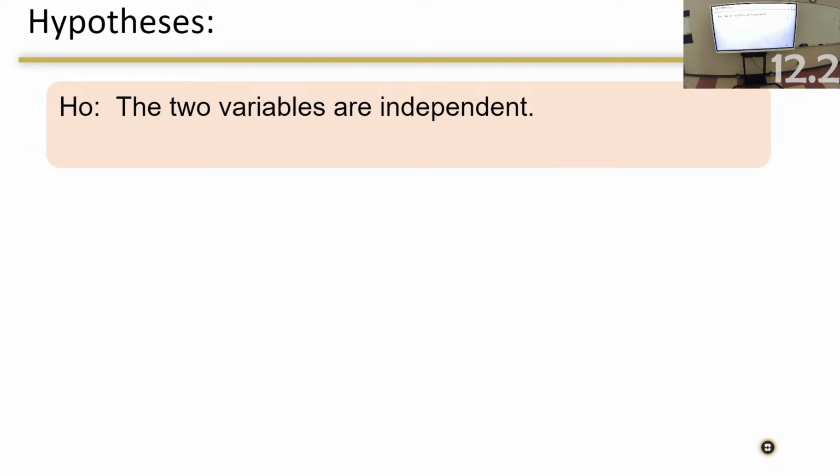You assume that they're independent. Independent means, be careful of this, a lot of students mess this up. Independence means that there is no association. They're not associated. If they're dependent, then they are associated.